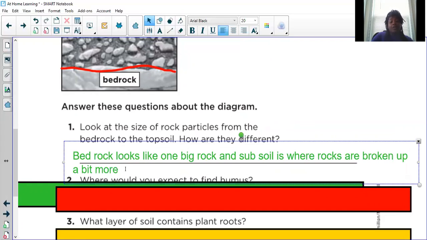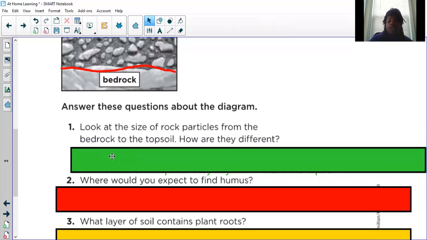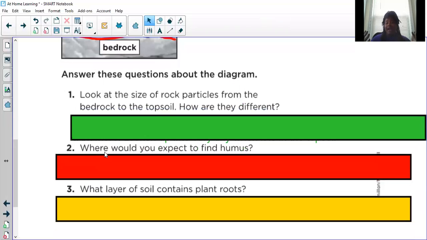I can go further and say that it's broken up into very tiny pieces when it is in the topsoil. So gradually the rocks are breaking down. They're big, and they break down, then they break down again as they reach a higher layer of the soil.